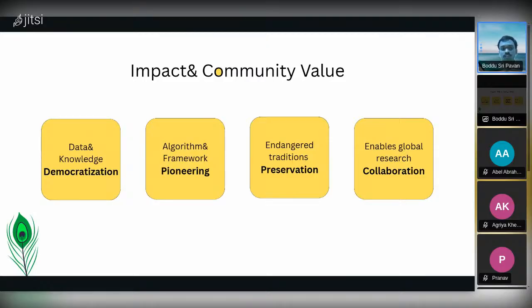We wanted to democratize the knowledge and the data as well as the algorithm framework, which we have published as a Python library. It also leads to endangered traditions preservation. This framework can be extended to other low resource languages where poetry exists. We can develop poetical frameworks for those languages using this computational architecture, so that it enables global research and collaboration.